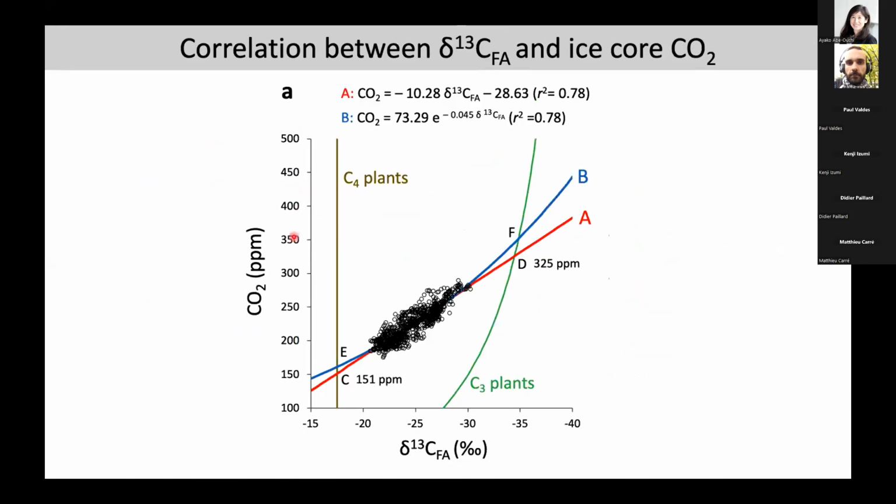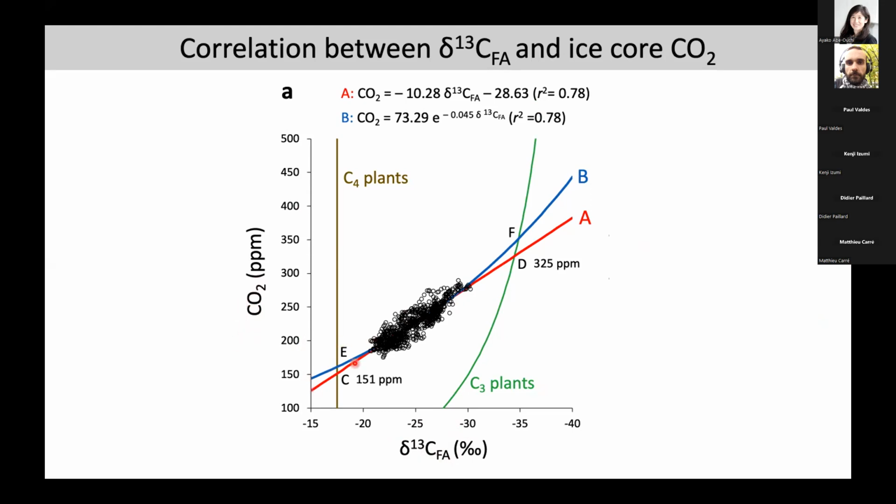So instead, we see a very good correlation between the CO2 and the leaf wax carbon isotopes. So this strongly indicates that the leaf wax carbon isotopes reflected the atmospheric CO2.